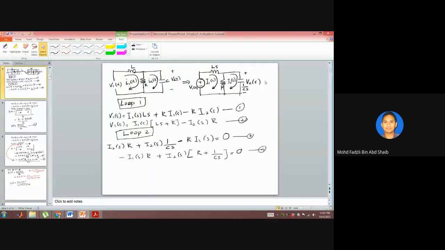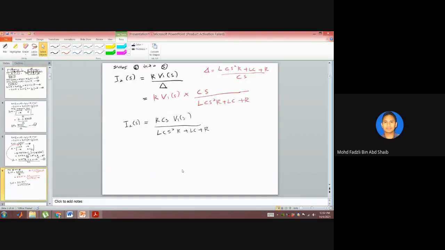But VO equal I2S times 1 over CS, right?